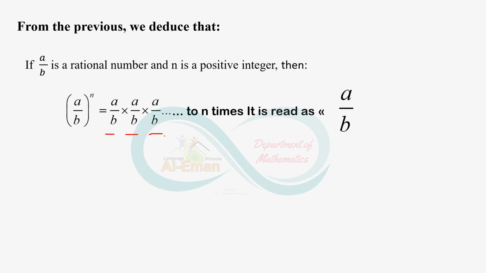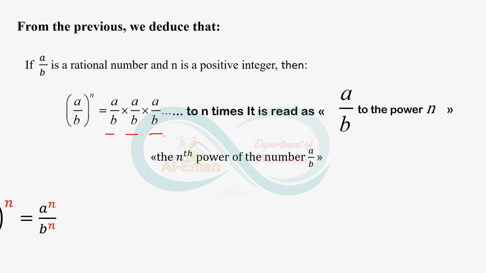It is read as a over b to the power n. We can distribute the power over the numerator and the denominator like this: a to the power n over b to the power n.